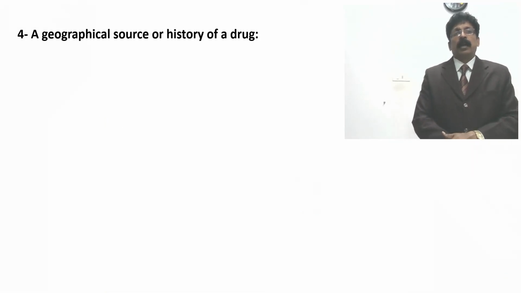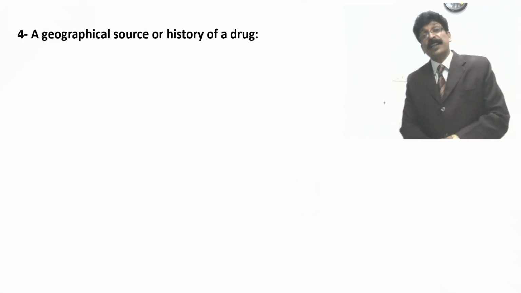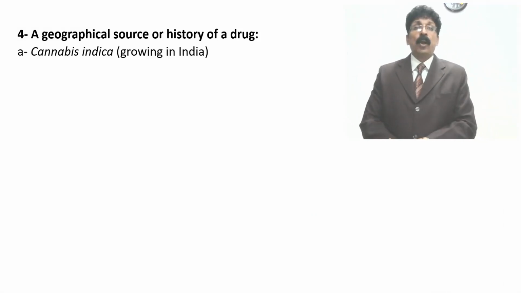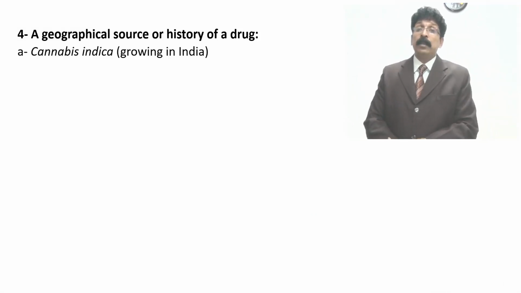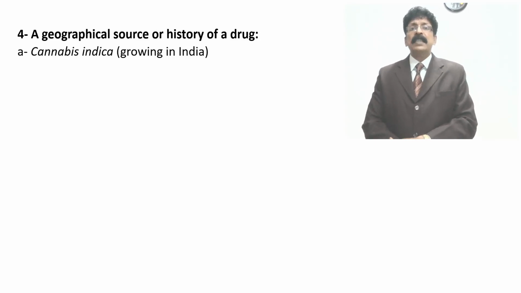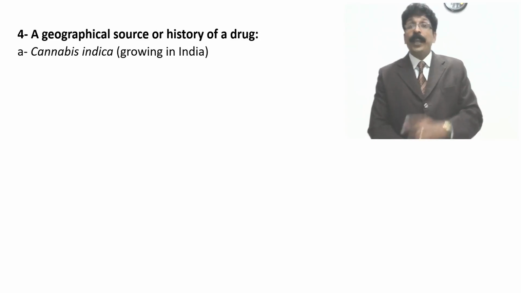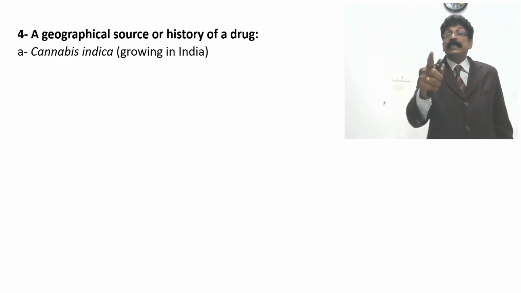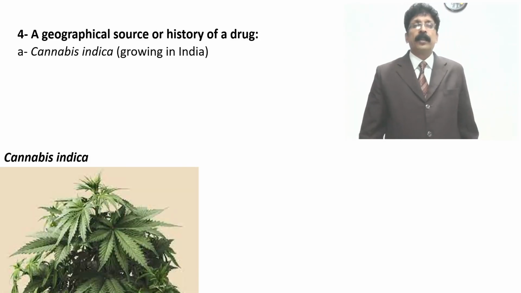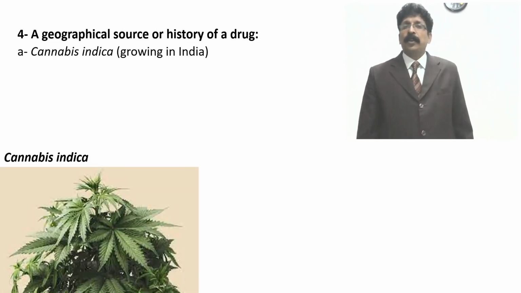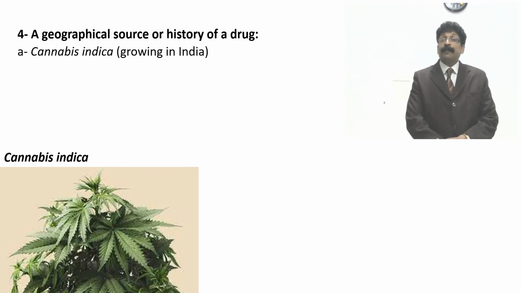Number four, the geographical source or history of the drug can also be incorporated in the name. For example, Cannabis indica, growing in India, that is why the species name is given indica. Cannabis, you know, is a narcotic drug which needs permission to cultivate.